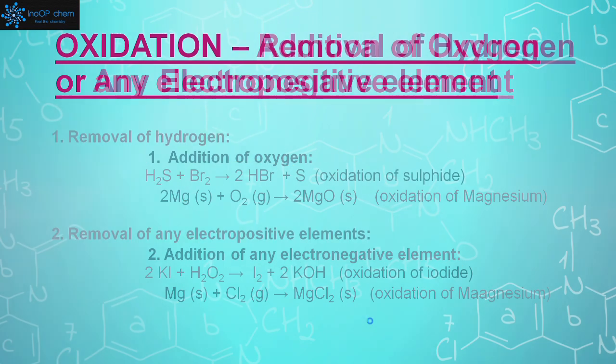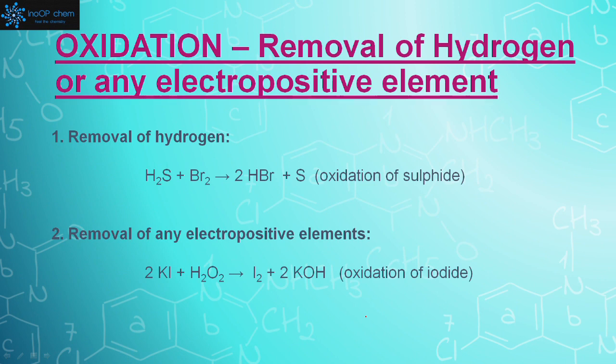Now oxidation as removal of hydrogen or any electropositive element. The first reaction is for removal of hydrogen. In this reaction, hydrogen sulfide and bromine react to form hydrogen bromide and sulfur. Here loss of hydrogen takes place.